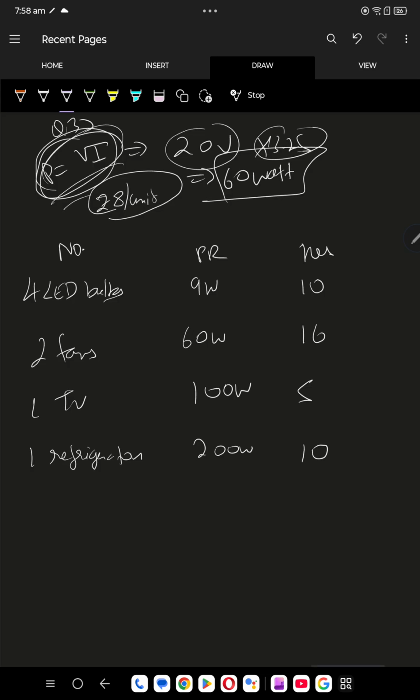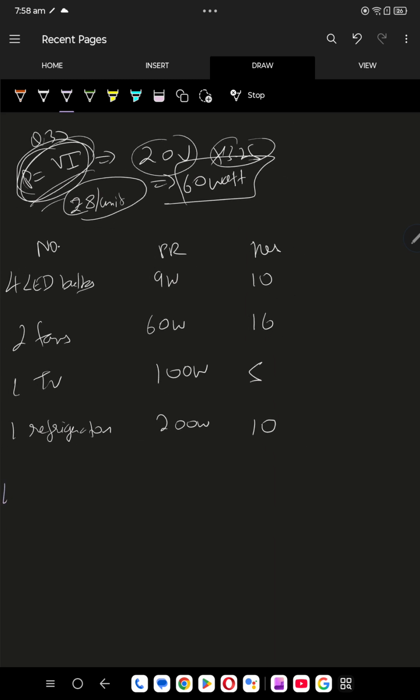Firstly, we will calculate energy. For this, first I'll calculate in watt hour only. No problem. Electrical energy is power into time. So 9 into 10, but this is for 1. How many do we have? 4.